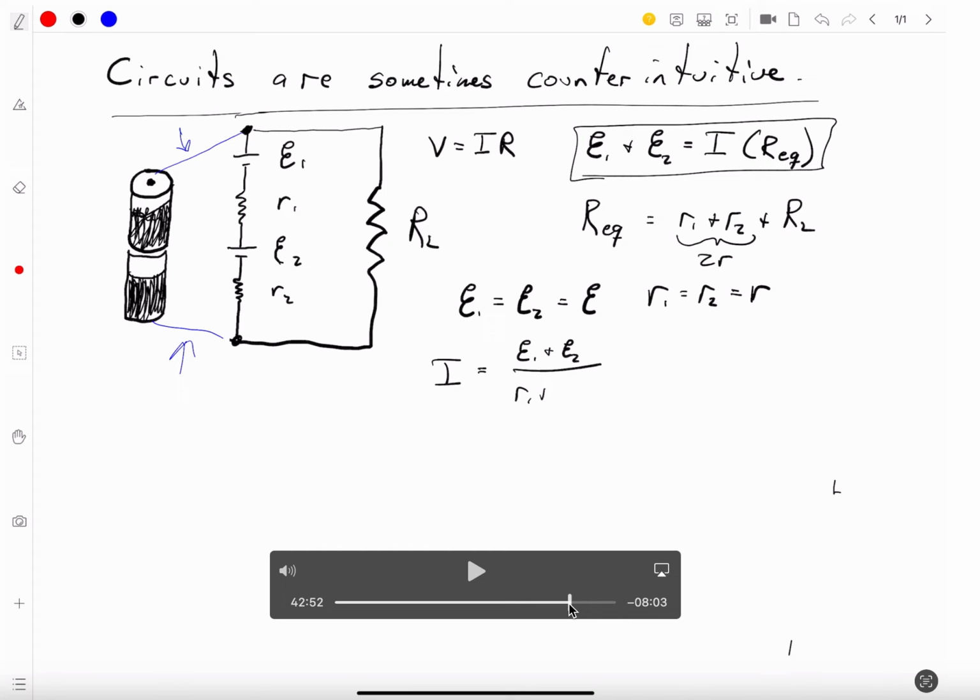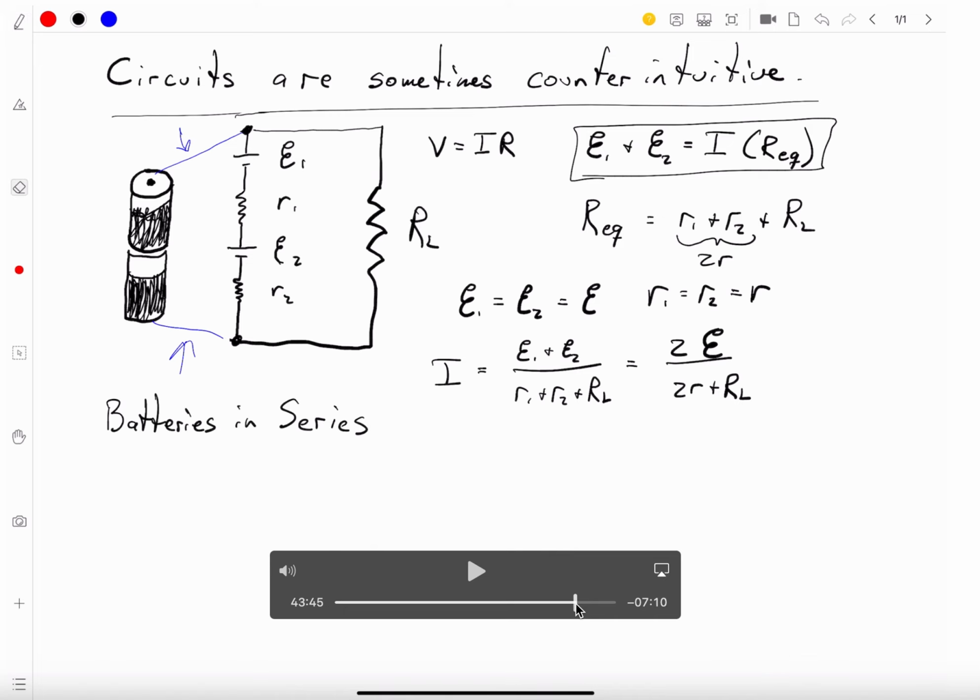So we can then write our equation for the current as 2 times the EMF, because we got 2 batteries, divided by 2 times the internal resistance of each of the batteries, plus our load resistance.